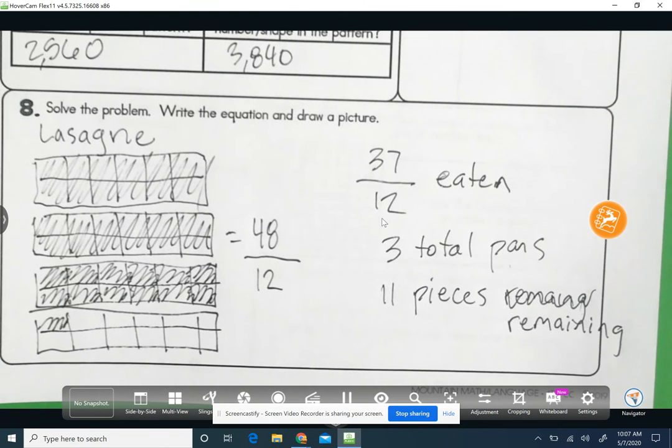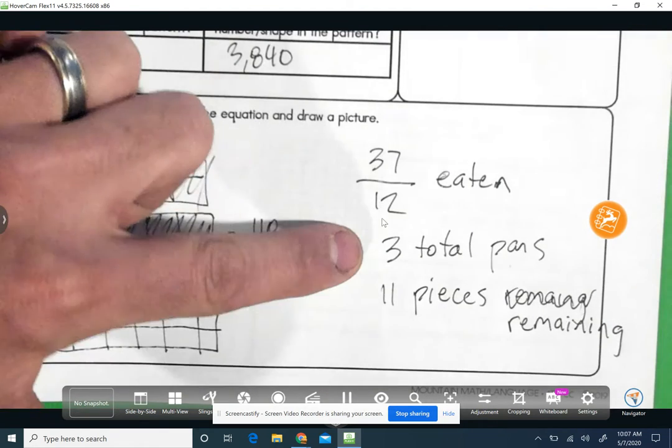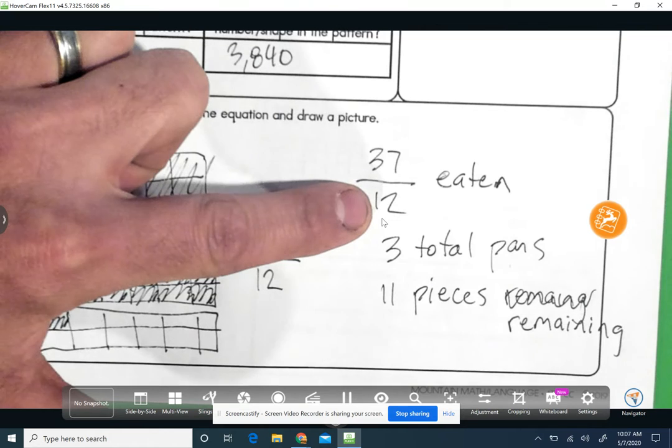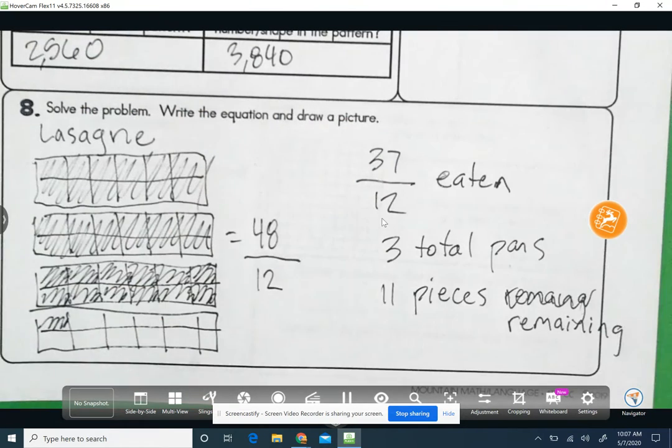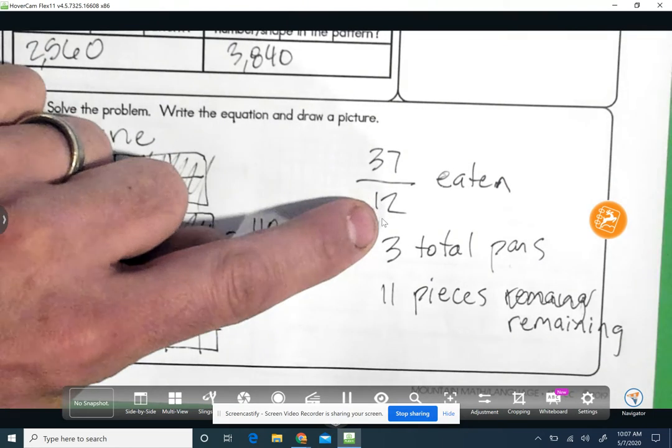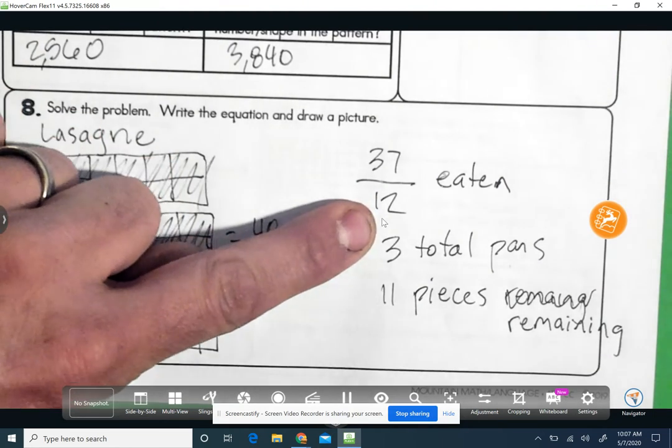In this problem, drawing the picture is definitely the easiest route. But we could also look at this as an improper fraction, and you could have converted 37 twelfths into the mixed number by asking yourself, 12 times what is close to 37?